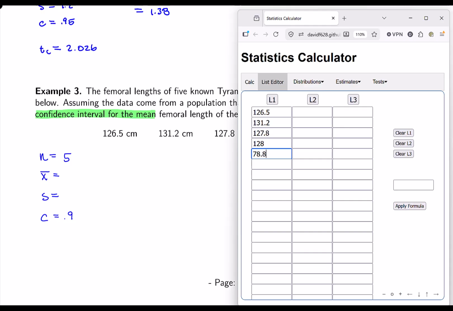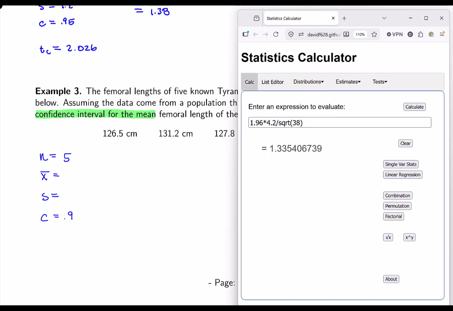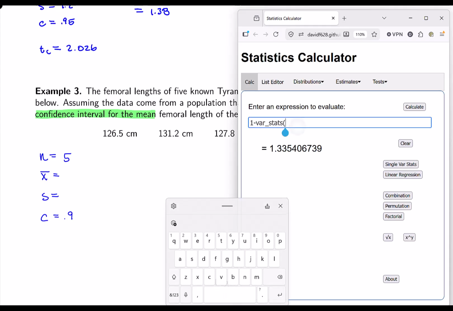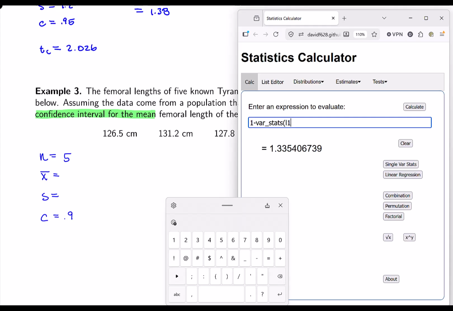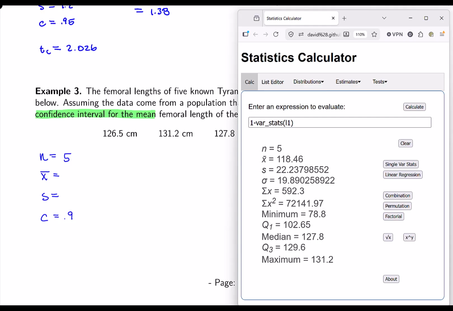Okay, once that data is in, we can calculate the mean and standard deviation. We just come over here, I'll clear this out, and I'll hit single var stats, and I'm doing this for the data contained in list 1. So when I press enter, it's going to come up with the mean and standard deviation for me.